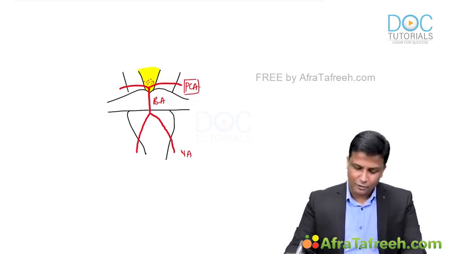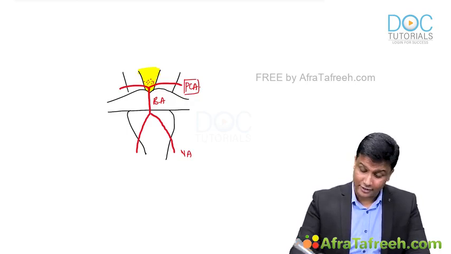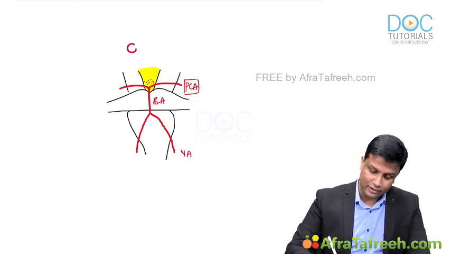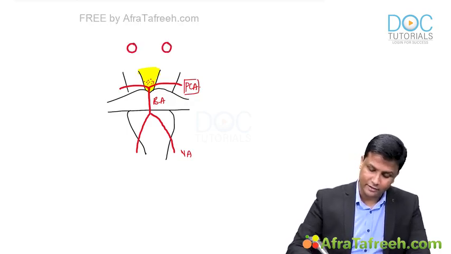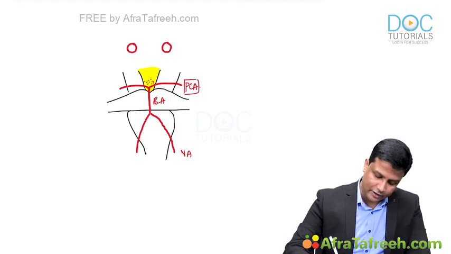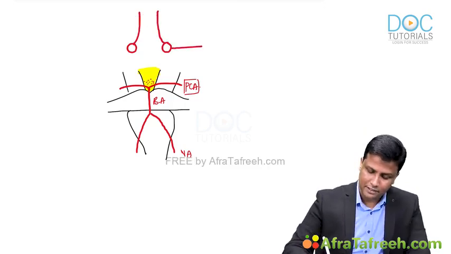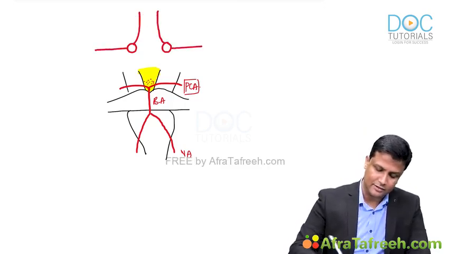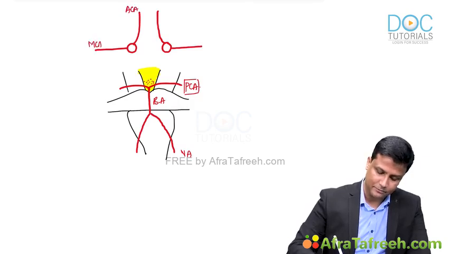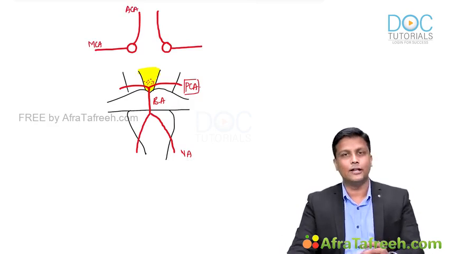Now similarly, I hope you all have learned circle of Willis nicely, and you can even watch my video on that. There will be internal carotid artery here, and that will further give rise to the anterior cerebral artery, ACA, and that will continue as middle cerebral artery. So this one is ACA and this one will be your MCA, the branches of internal carotid artery.